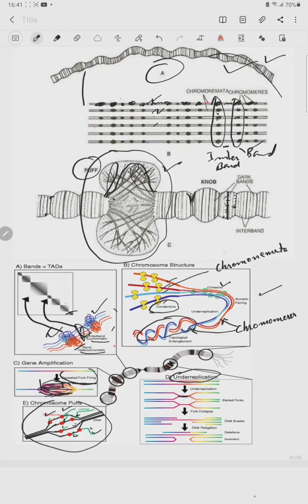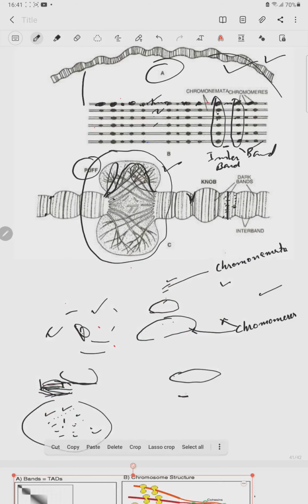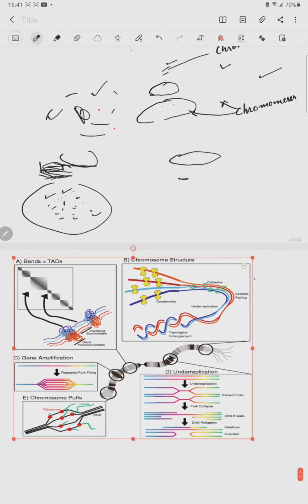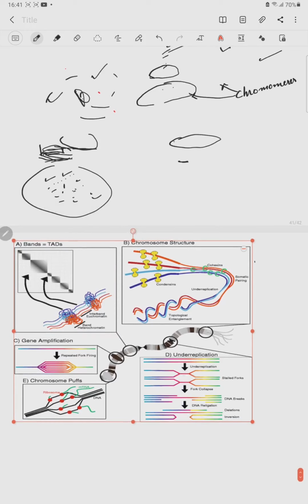This one may be breakable, and it results in breakage into fragments of the polytene chromosome.